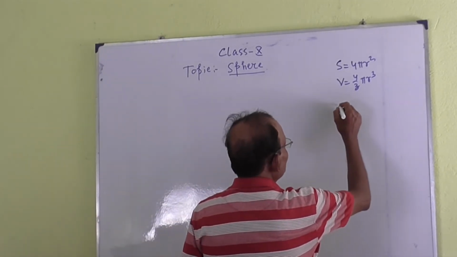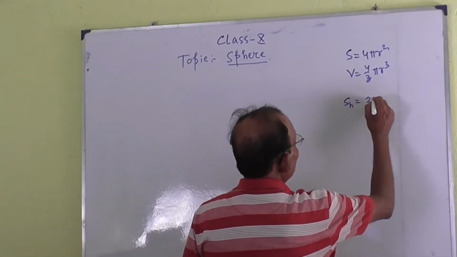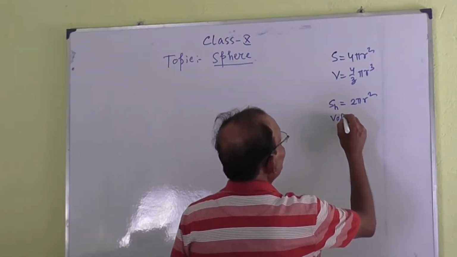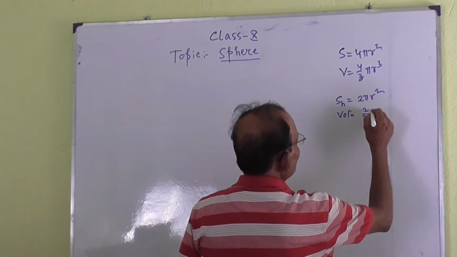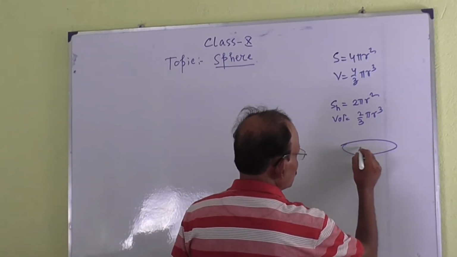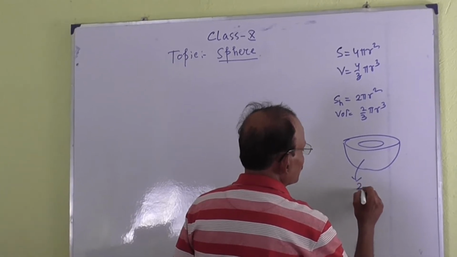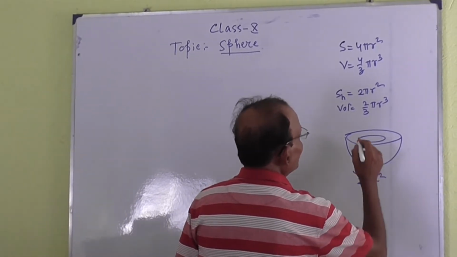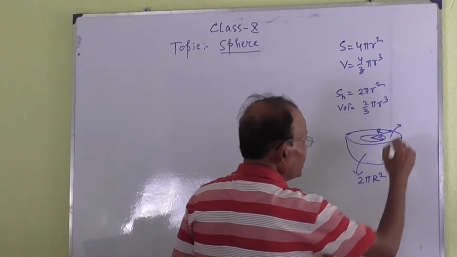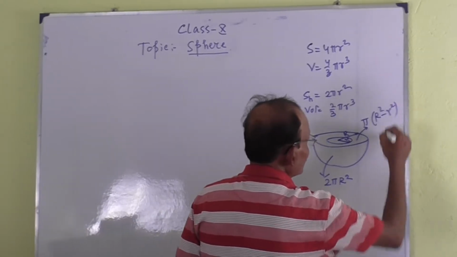For a hemisphere, it will be 2 pi r square and volume will be 2 by 3 pi r cube, and also this is 2 pi r square and this is r, and the sectional area is pi (R square minus r square). Clear?